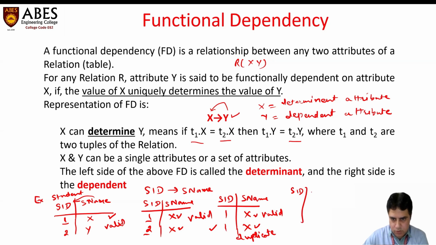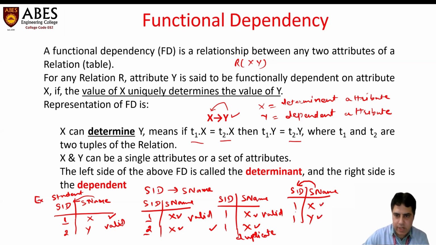There is one more scenario: student ID, student name. Roll number 1, student name is X. Roll number 1, student name is Y. Student name is dependent on student ID.